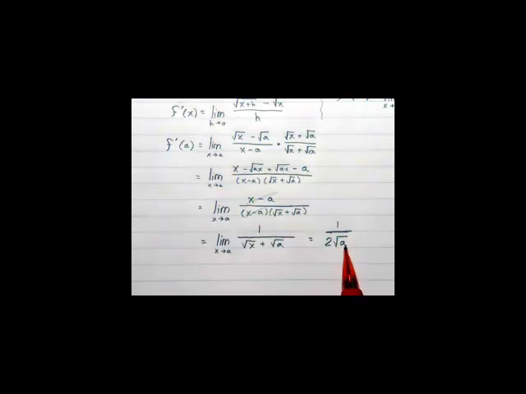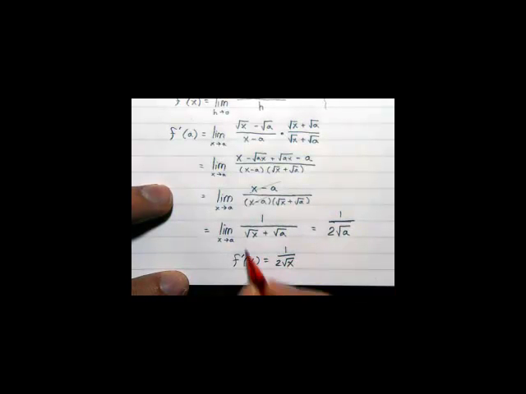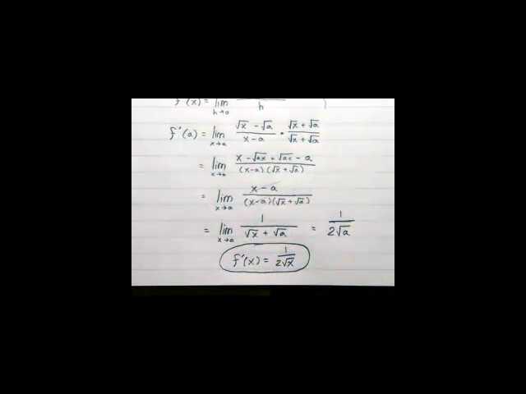Same thing, but the a is now an x, right? So f prime of x equals 1 over 2 square root x. Got it. Okay? And we were able to go through that alternate definition to get there, using this a as kind of our little placeholder for x.